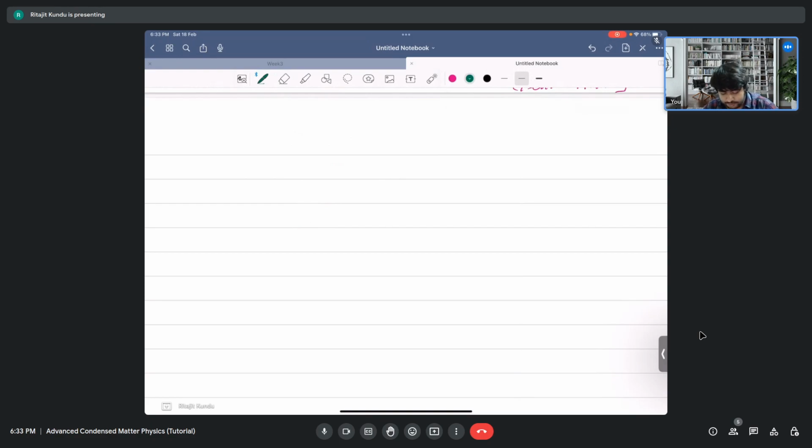For example, let's say we have some expectation value like this. Let's call it A, a time ordered product with k sigma and tau. We don't need to know where this is coming from, but let's say this is what you are given and this is what you have to calculate.